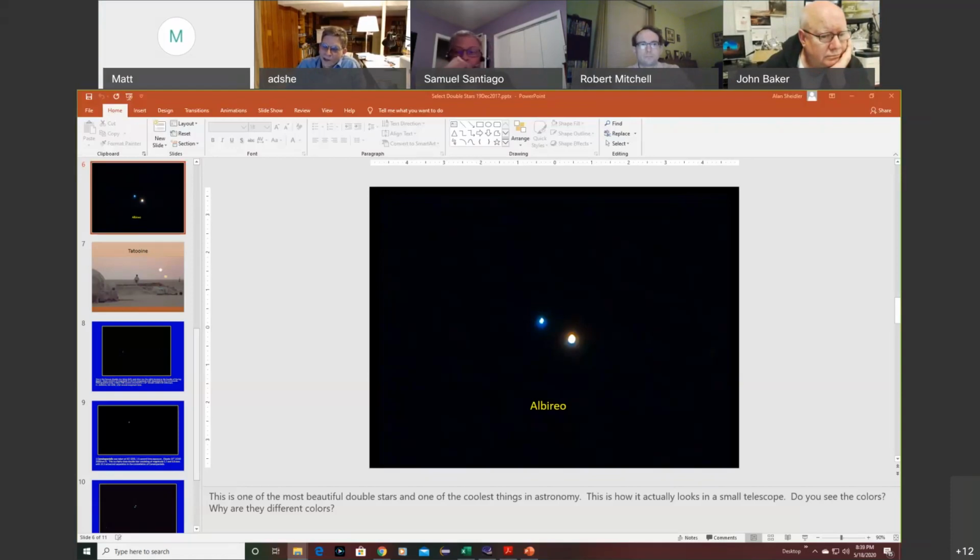Yeah, the objects aren't moving significantly. The fixed objects have the same right ascension and declination numbers from year to year, within a very small few arc seconds of change.